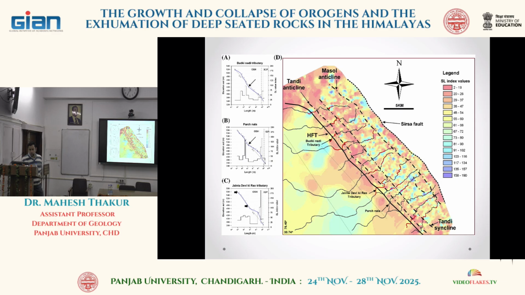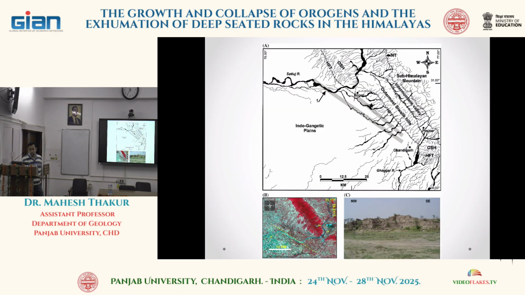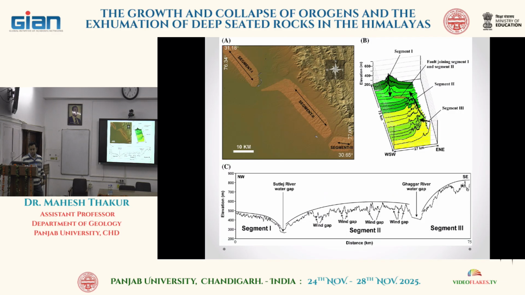These are just morphometric indices which are used to understand this. I will just discuss the results. This is again an important observation. There is one river, the Ghaggar River, in which we have a lot of river terraces, and this is the Satluj River. One important thing is that this is around 300, and the Ghaggar River is at an approximately higher elevation, let's say 400.